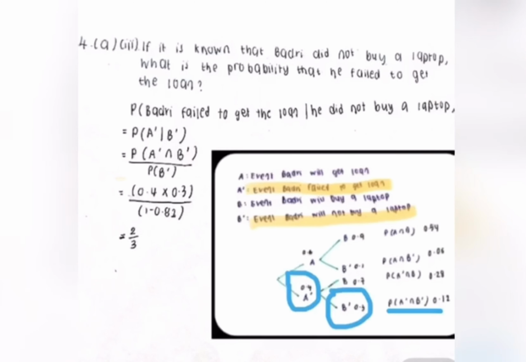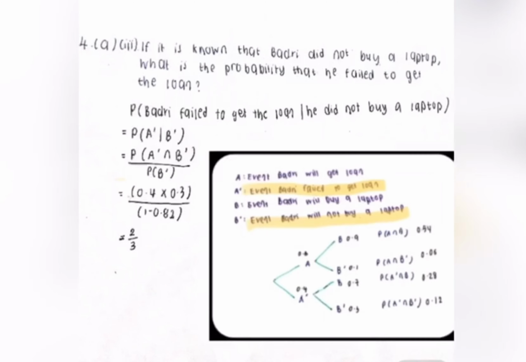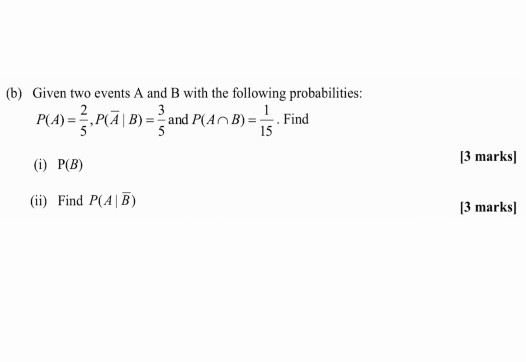As we got from the question before the probability of B, we can just do 1 minus the probability of B to get the probability of B'. So P(B') is equal to 1 minus P(B). P(B) is 0.82, then P(B') is 1 minus 0.82. Then we substitute into the equation and we get the answer, which is 2 over 3.